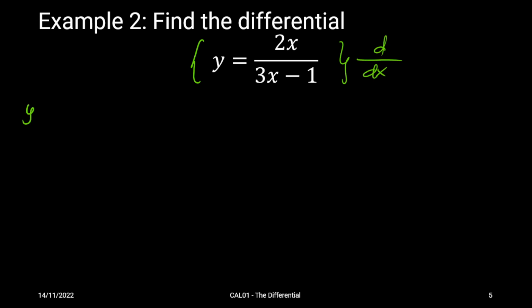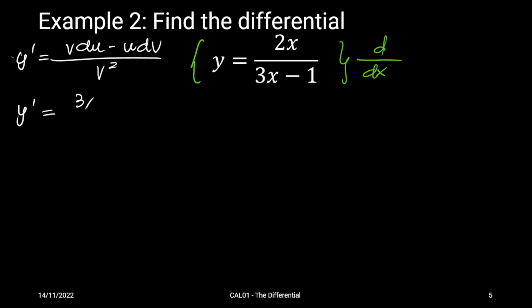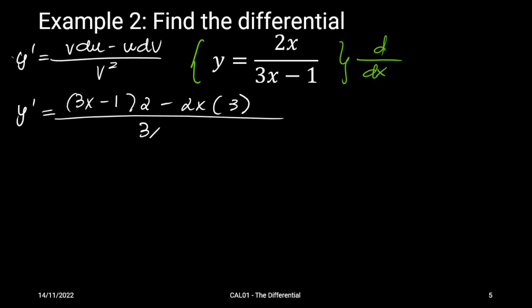So, let's proceed to example number 2. Find the differential of the function y is equal to 2x over 3x minus 1. So, kunin muna natin derivative. Sige, ganun method ang gawin natin. Kunin natin yung derivative, d over dx. So, we have y prime is equal to v du minus u dv over v squared, since this is quotient rule. So we have v du, that is 3x minus 1 times 2, minus 2x times 3, the derivative of 3x minus 1, all over 3x minus 1 quantity squared.